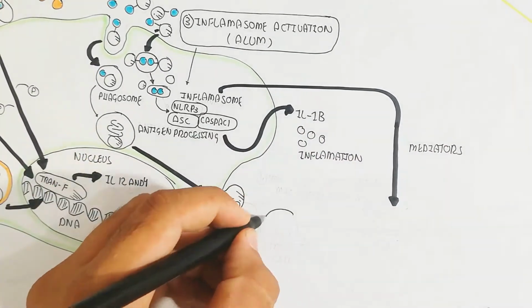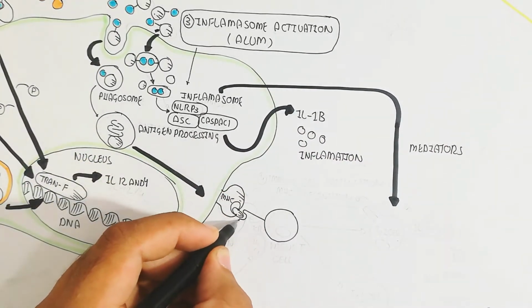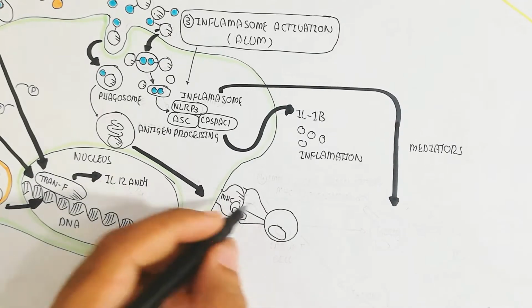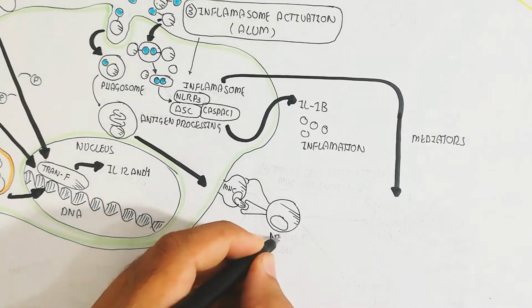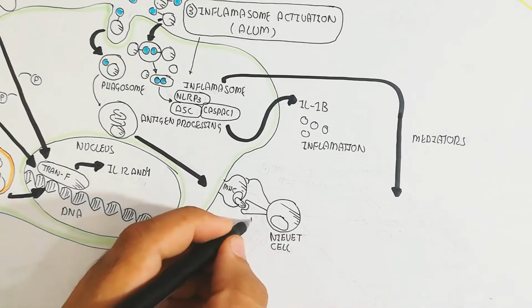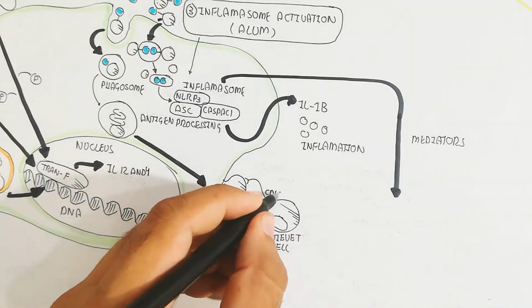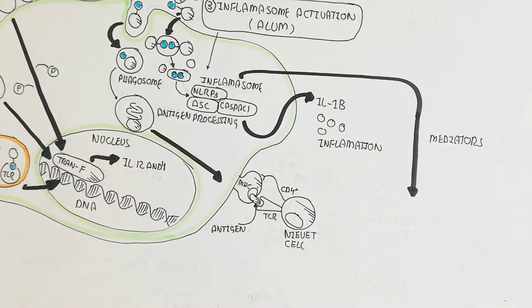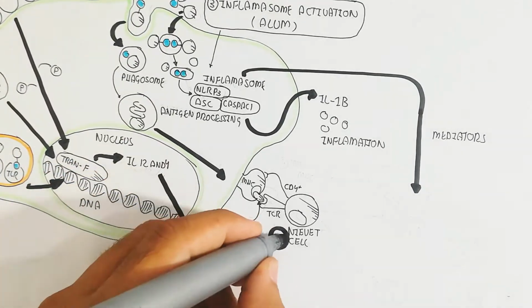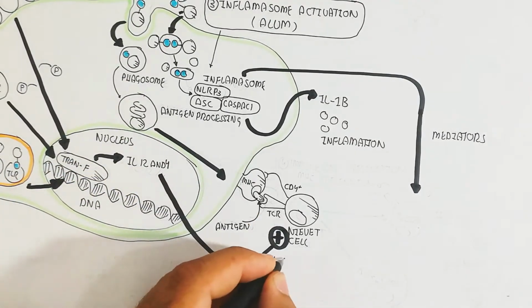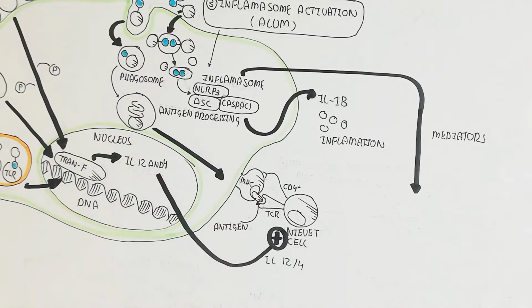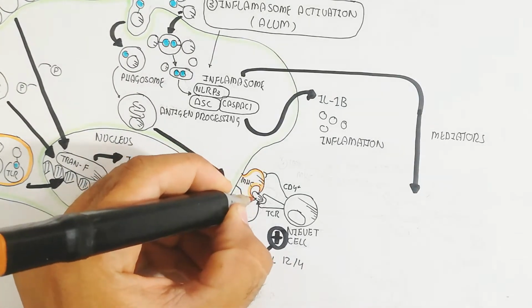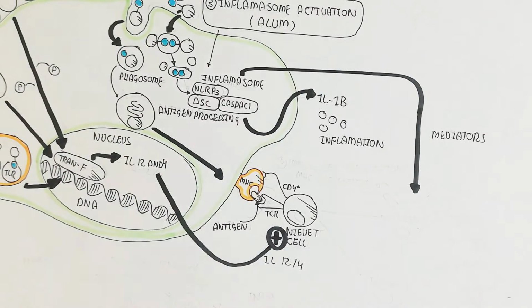On the other hand, the mediators can lead to stimulation of the T helper 2 cell. Here, the naive cell will recognize this antigen through the CD4 positive molecule, through antigen binding with the T helper molecule, and also the co-stimulatory molecule. I am not drawing it, but just listen.